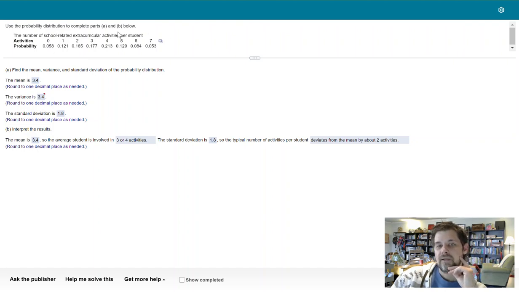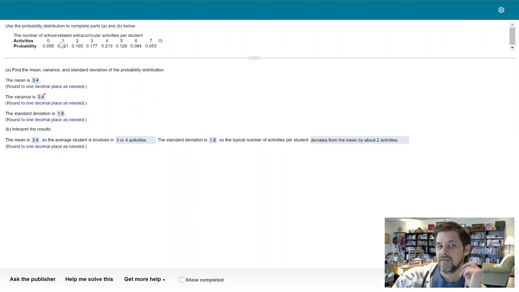The way that I can understand this probability distribution is based on my initial reading of the information in the question: the probability that a student is involved in no activities is 0.058. The probability that a student is involved in one activity is 0.121. So that's what all these numbers mean.